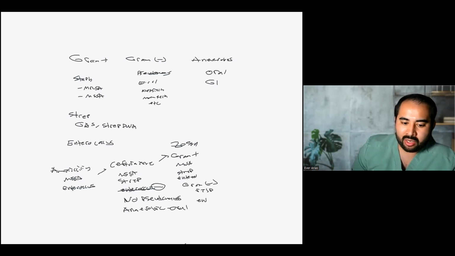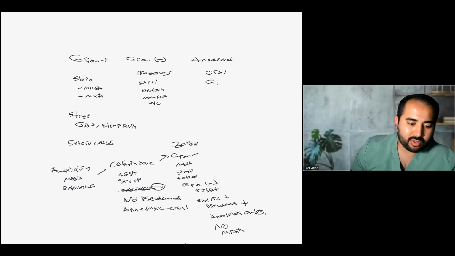It has good anaerobic coverage too. Pseudomonas definitely. So that's kind of classically what you want to associate Zosyn with, pseudomonal coverage. And it also covers anaerobes, both oral and GI, right? So it's great. You notice that it still doesn't cover MRSA.